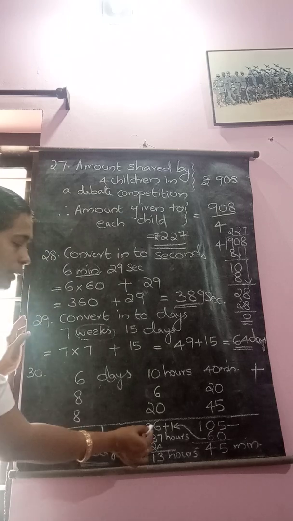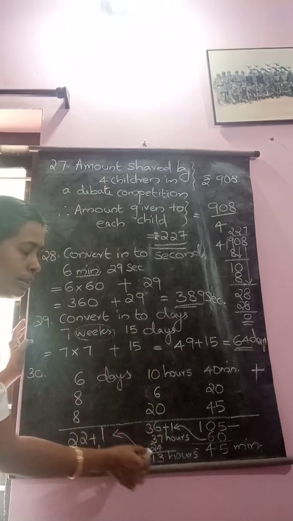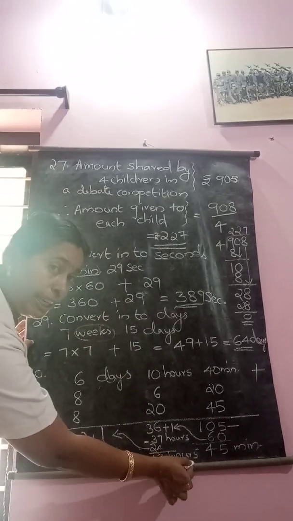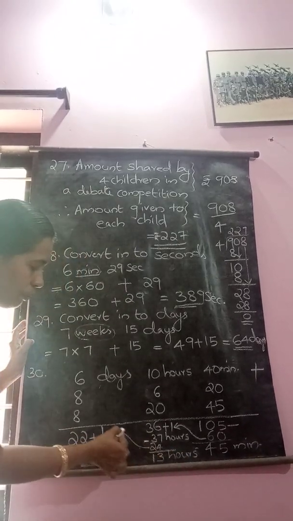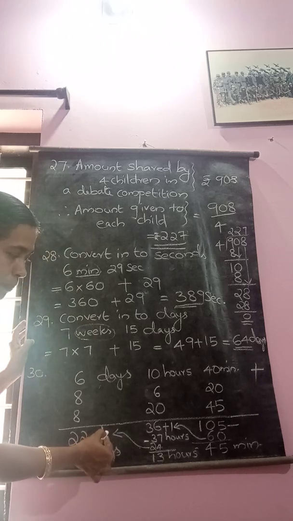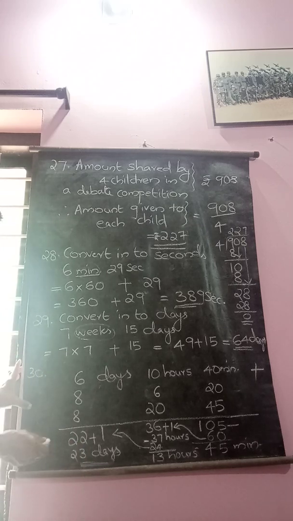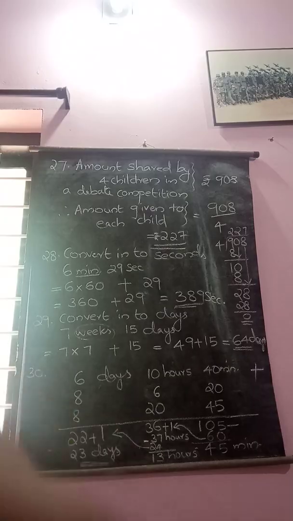So we need to convert again. Subtract 24 from 37. We have 13 hours, and you move this 24 to this column. It will become again 1 day. So total how many days? 23 days. Okay. Let us move to the other question.